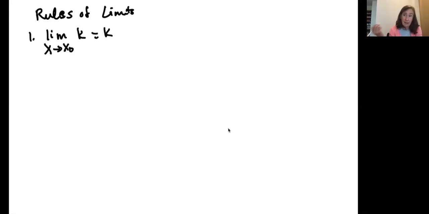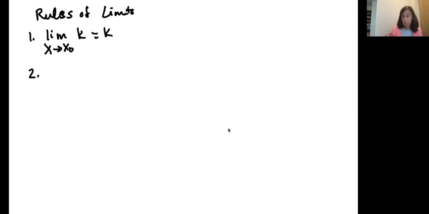The limit of a constant is a constant. Okay? The limit as x goes to x0 of 3 is 3. This might seem like kind of a dumb thing. Why do you need to take the limit of a constant? And the answer is just the point I made before, that this is helpful if you're taking the limit of an expression that's got a lot of parts to it.